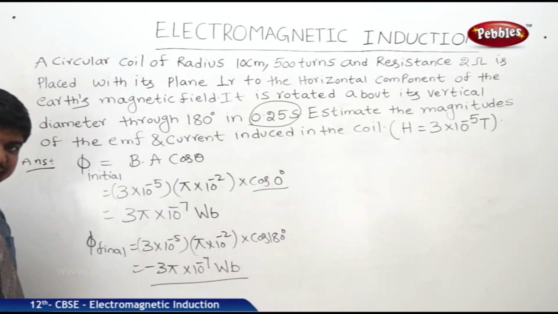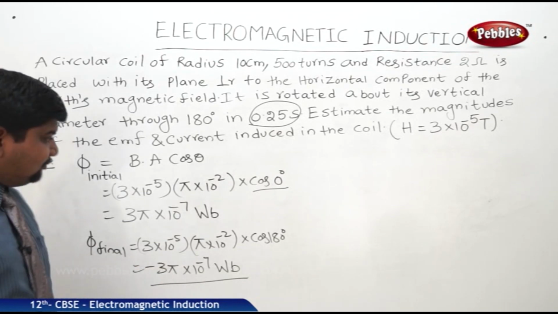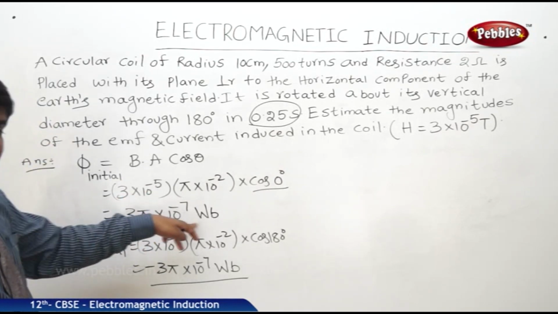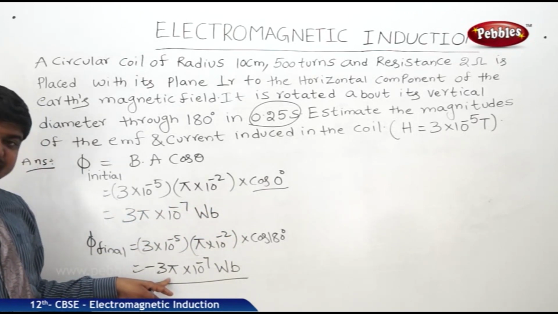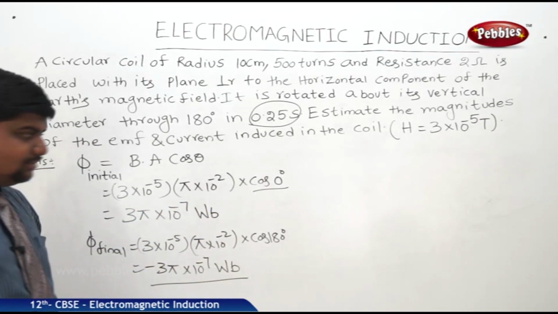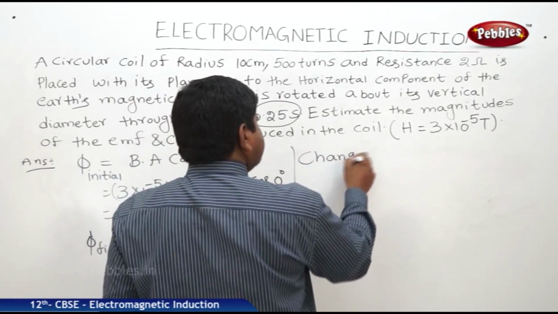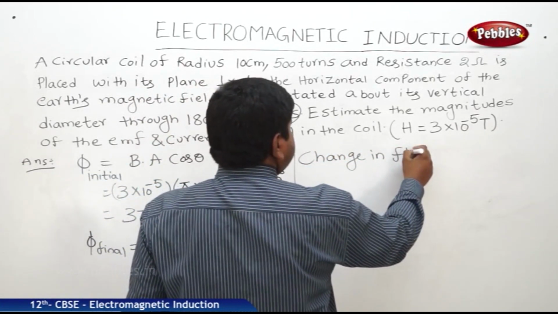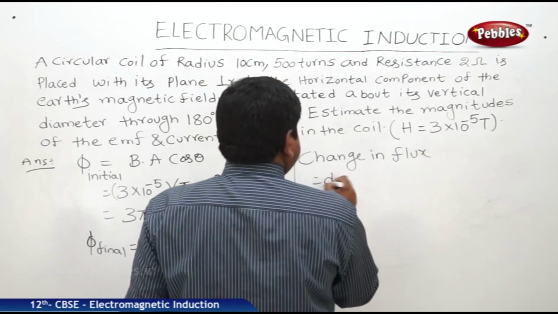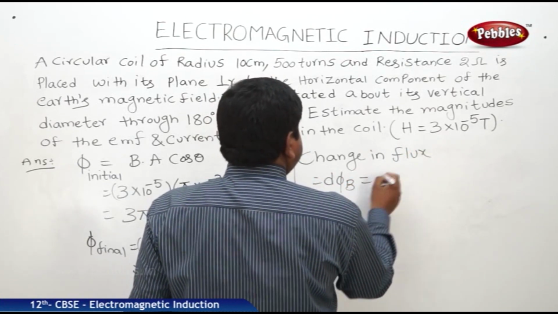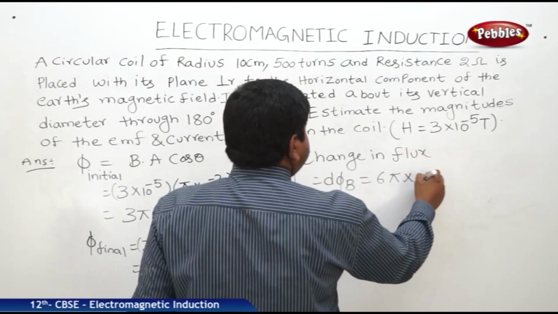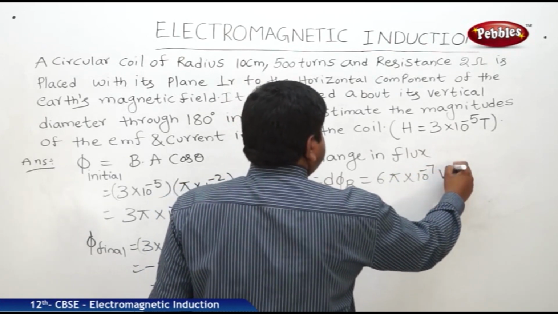So what is the change in flux from initial to final? You will get 6 pi into 10 to the power of minus 7, which is 3 pi into 10 to the power of minus 7 Weber, minus of minus, plus 3 pi into 10 to the power of minus 7 Weber. Therefore, the change in flux d phi B is equal to 6 pi into 10 to the power of minus 7 Weber.